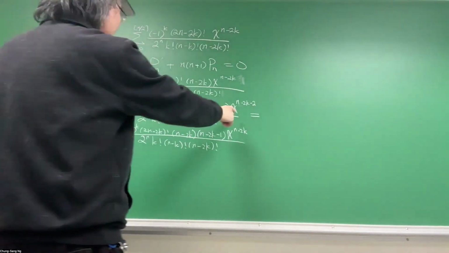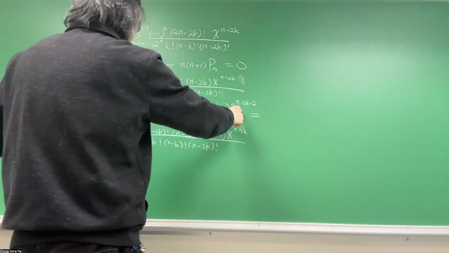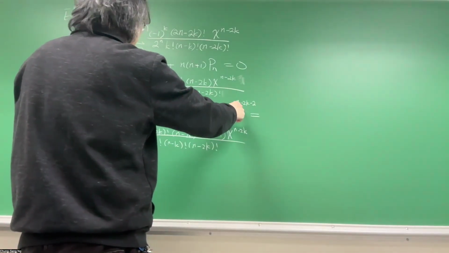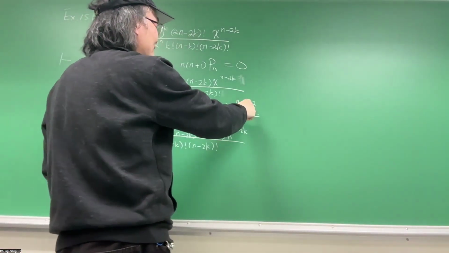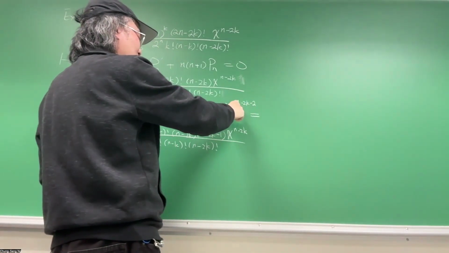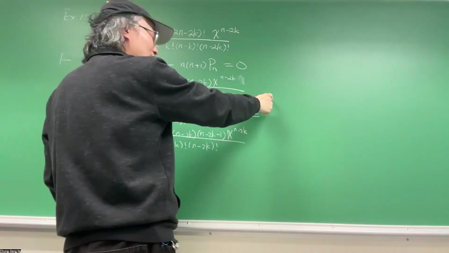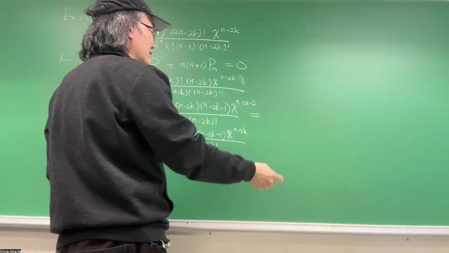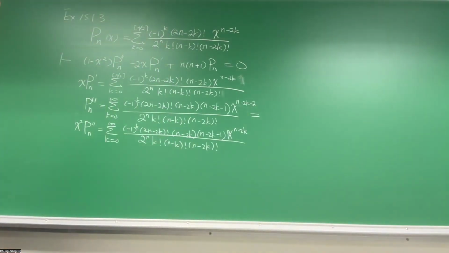Actually, I should shift k, not shift n. You should use the shift in k. That's fine. So n minus 2k minus 2 is your n minus 2 new k. Okay, so this is new k. So the old k is the new k minus 1, right?